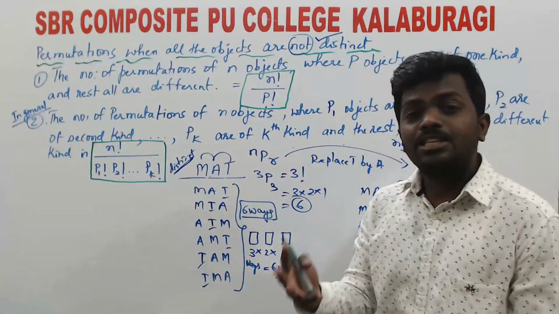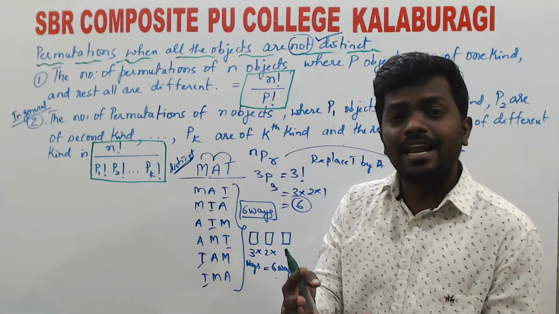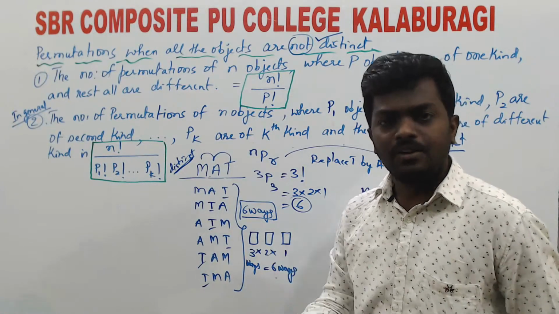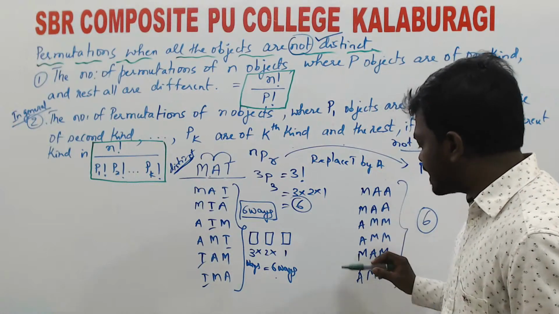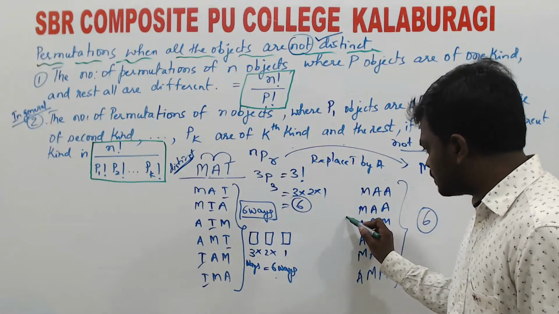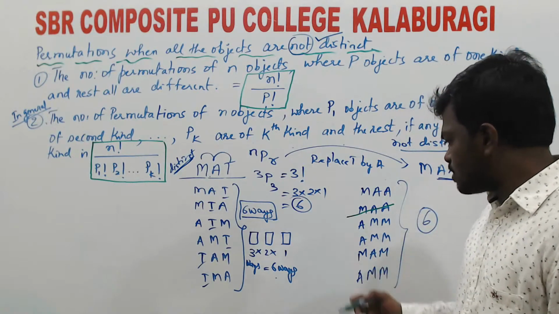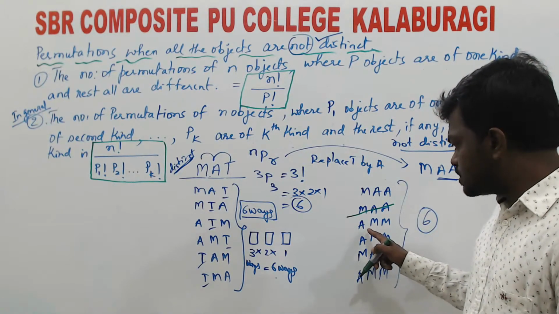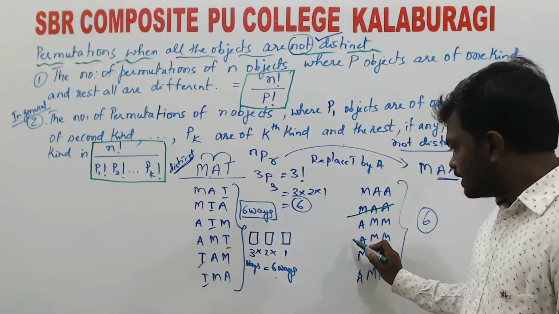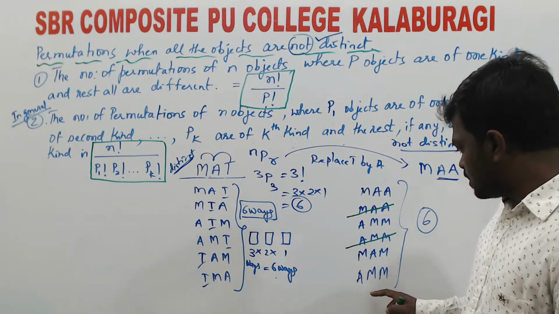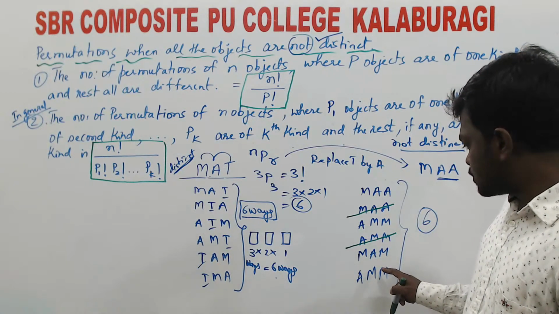Arrangements must be different and in a definite order. So the first one and second one are almost the same, so that's not required at all. And if you observe these two, these are also the same.